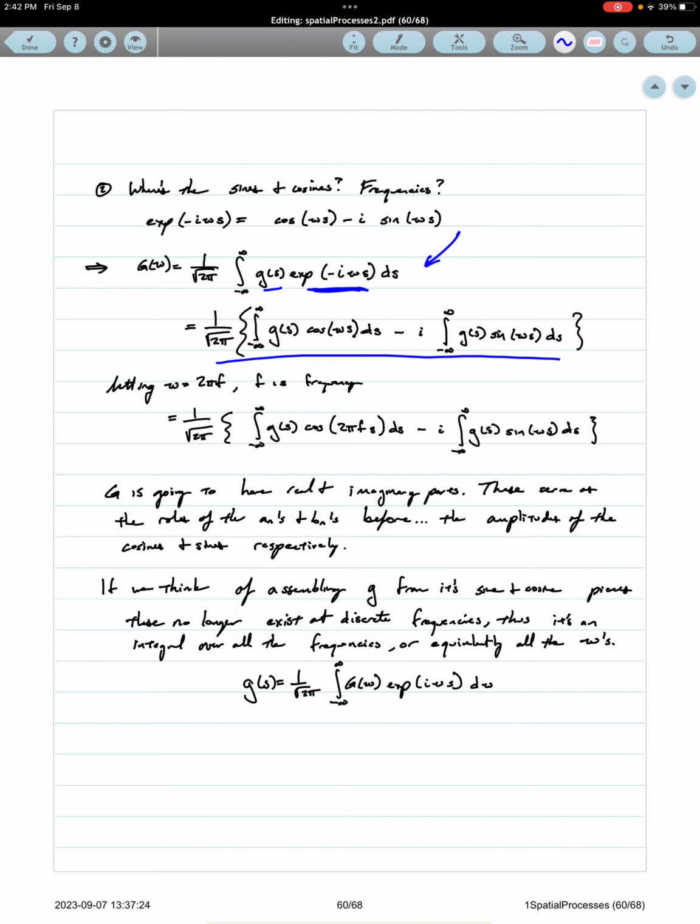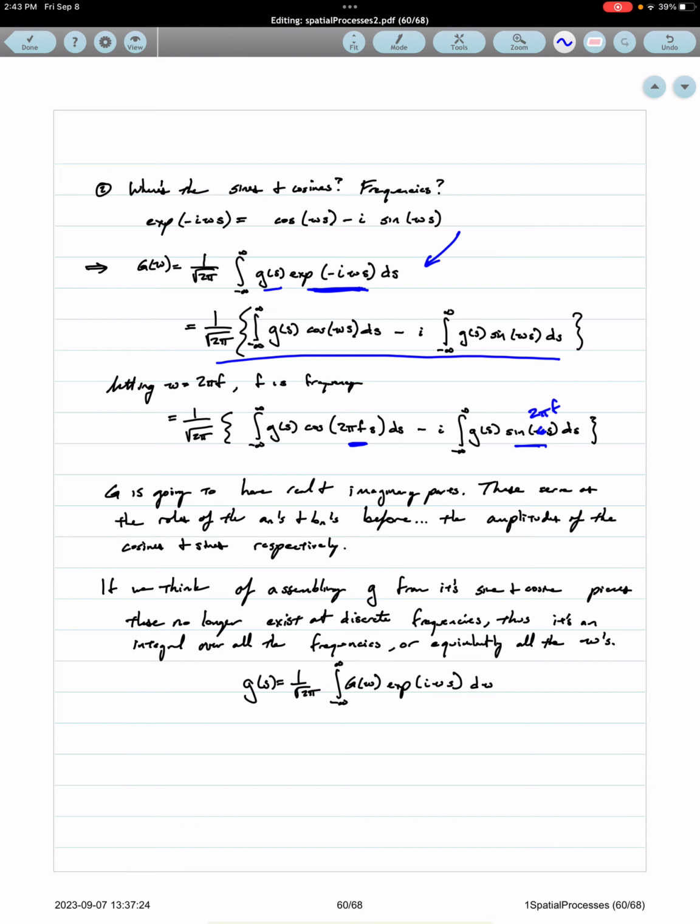Omega is such that 2 pi times the frequency is omega. We can write this expression in terms of the frequency f. I guess I should have a 2 pi f here instead of an omega.